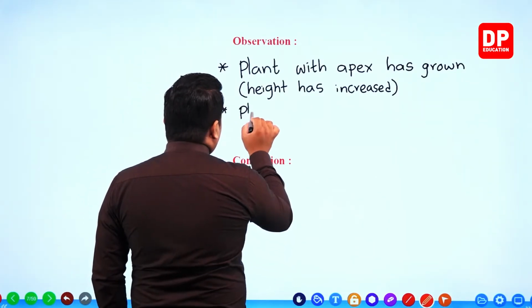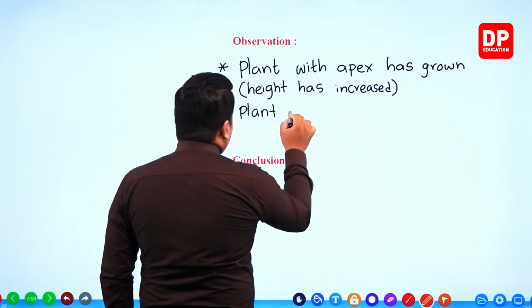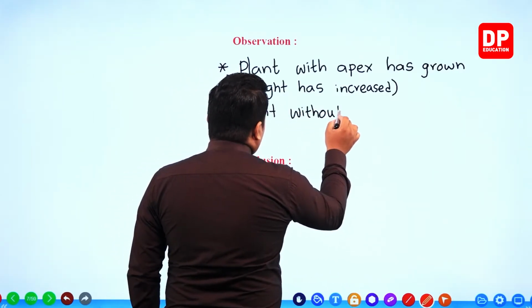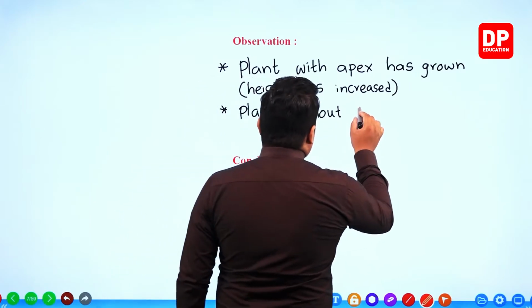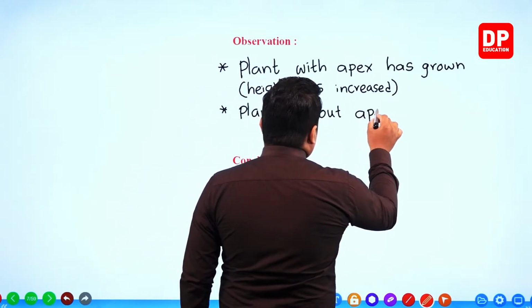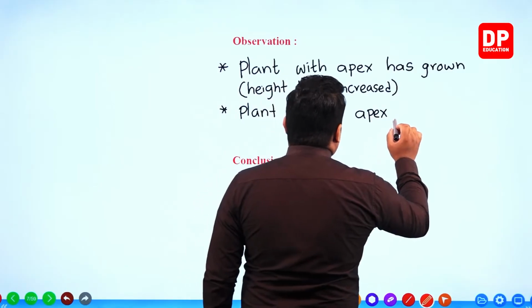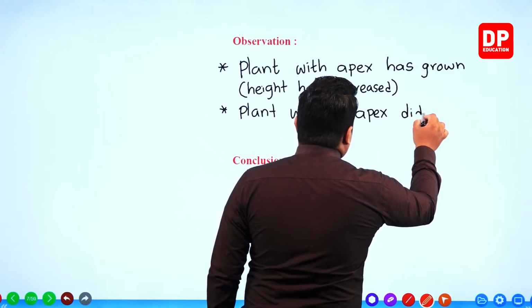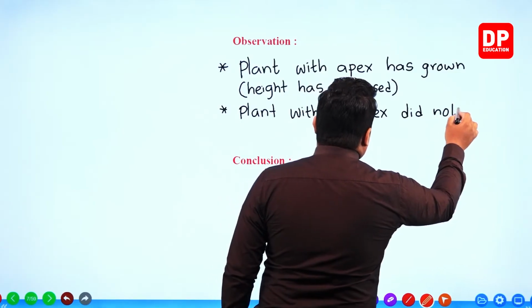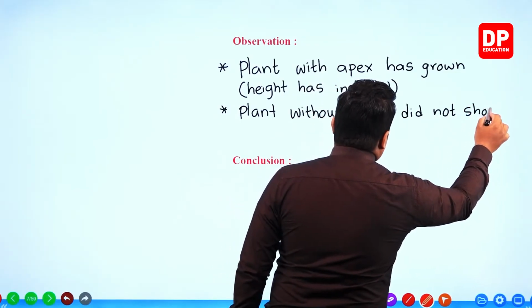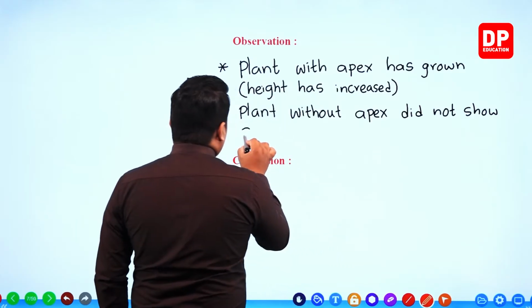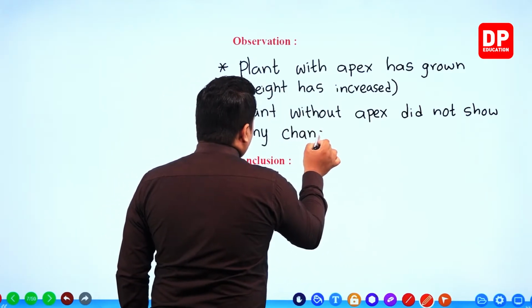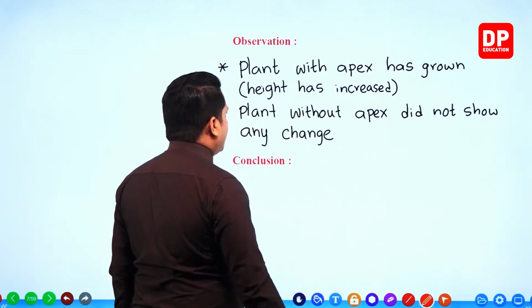Then the plant without apex did not show any change, right?